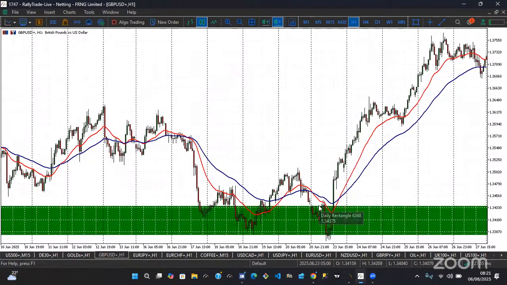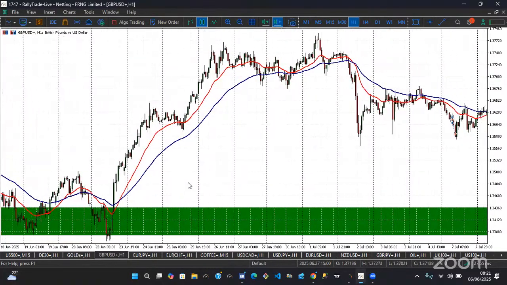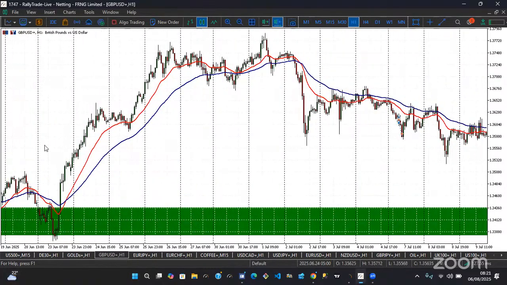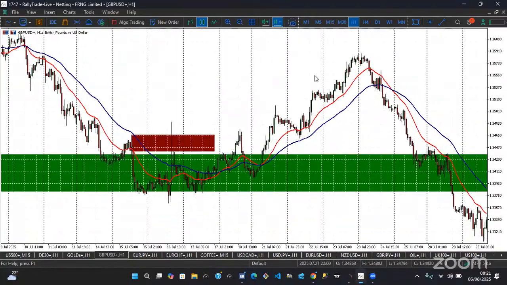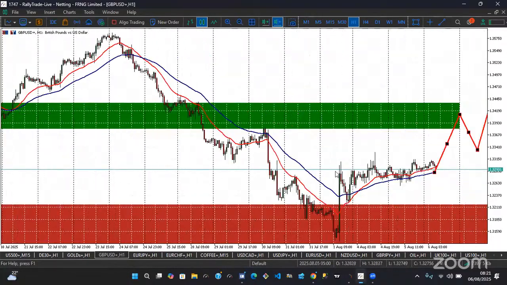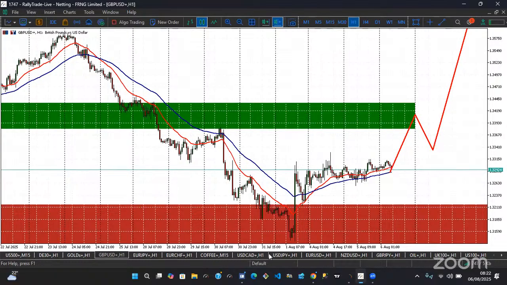The moment price got into this level, it just kept pushing higher and higher for a number of days, 1, 2, 3, 4, ranged a bit, pushed higher, then came back to this level, and pushed high for some time. Now price is here and we expect it to push further to the upside, all things being equal. So GBP USD, we expect price to keep being bullish.